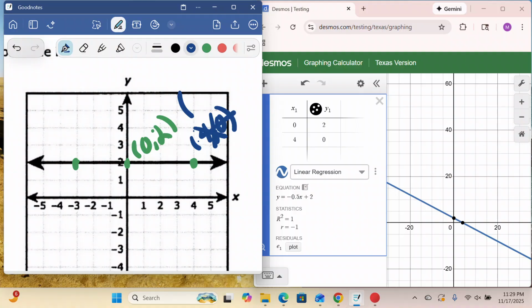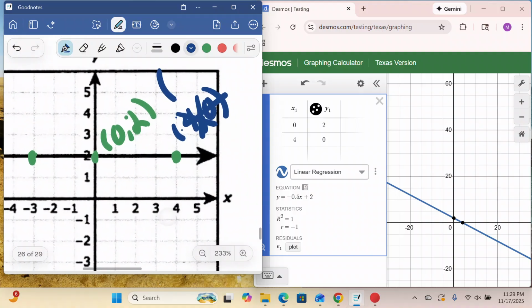This one is not correct because it's not 4, 0. My x value never crosses the x value. Okay, so this one doesn't have a point here.